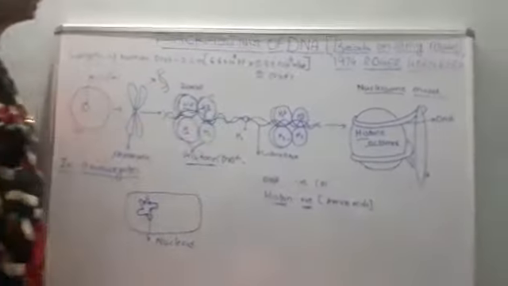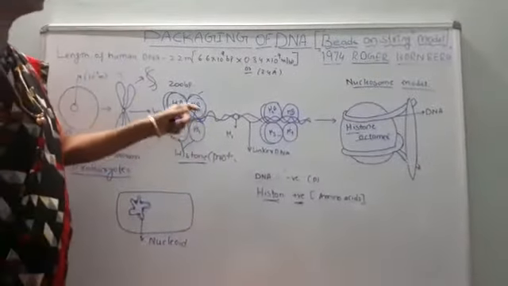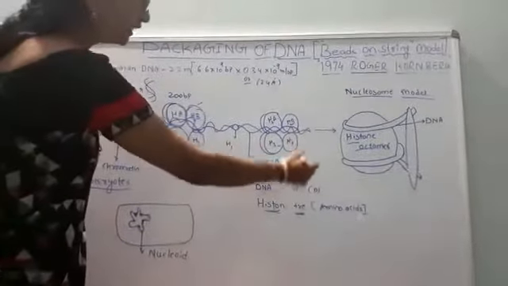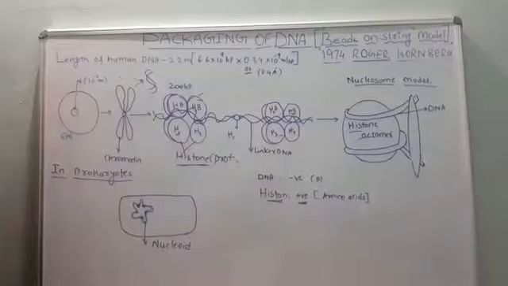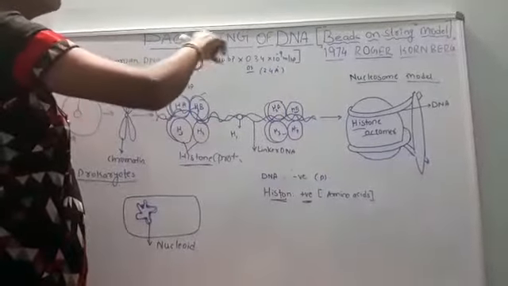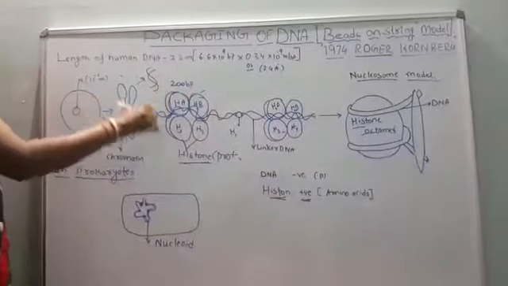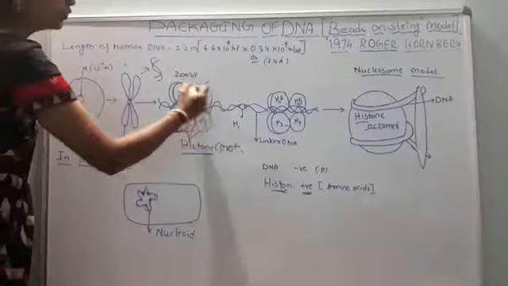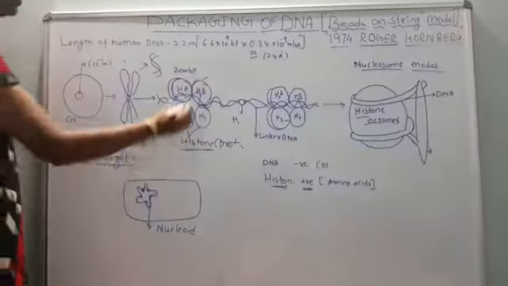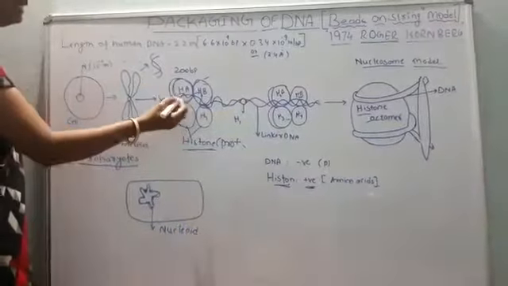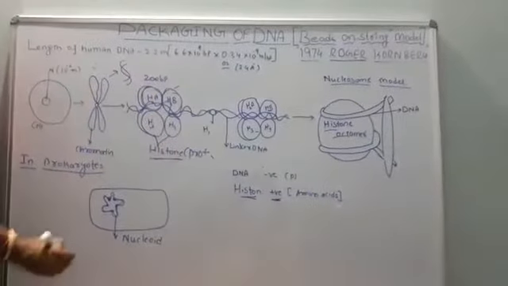A nucleosome is the structural and functional unit of the chromosome, made up of DNA as well as protein. Nucleosomes are repeating units in the DNA, and they are positively charged molecules.